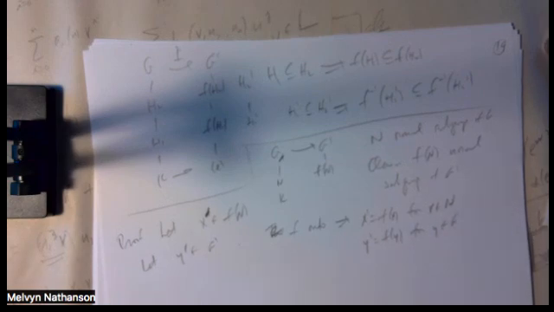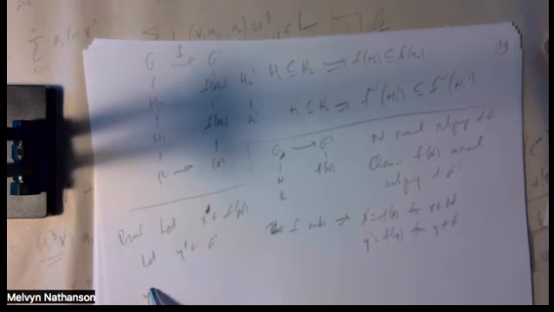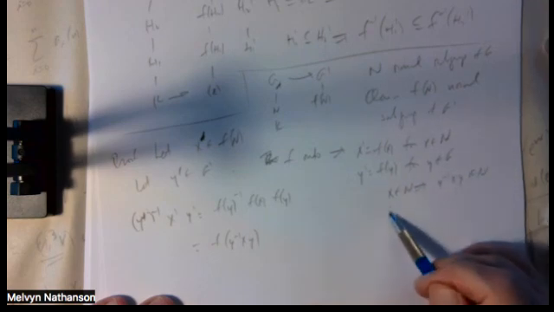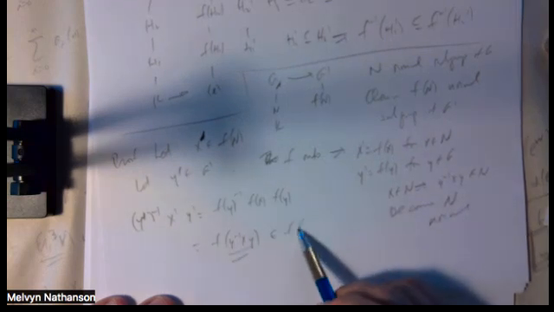This means that X prime equals F of X for X in N, and Y prime equals F of Y for Y in the group G. So if I take Y prime inverse X prime Y prime, that's F of Y inverse, F of X, F of Y. This is F of Y inverse XY, but X in N implies Y inverse XY is in N, because N is normal. So this is in F of N.